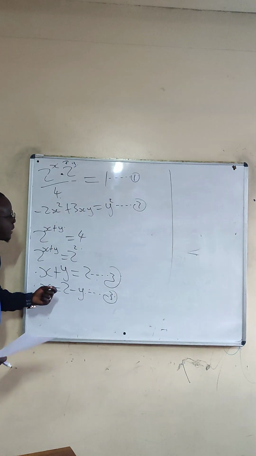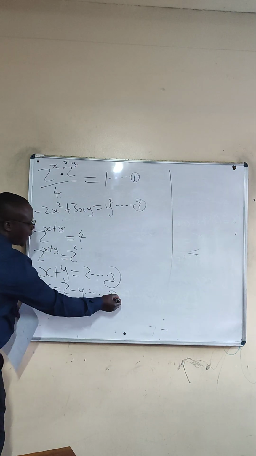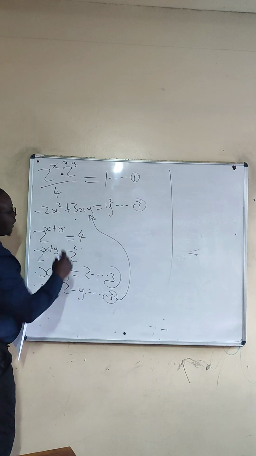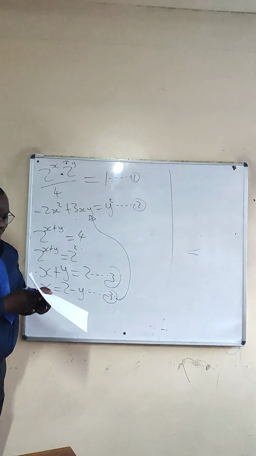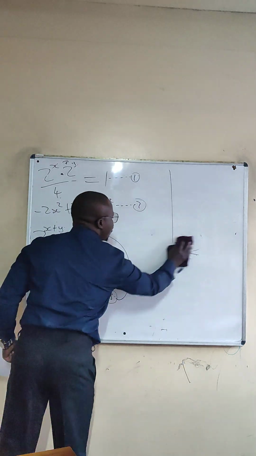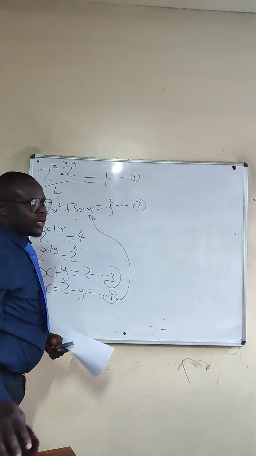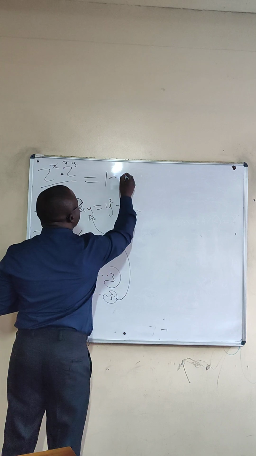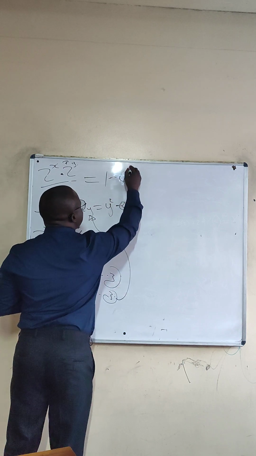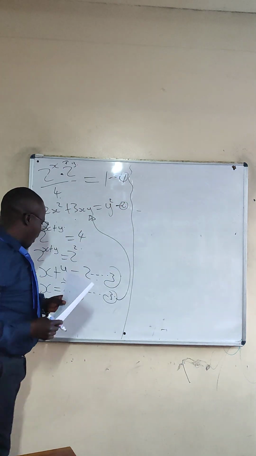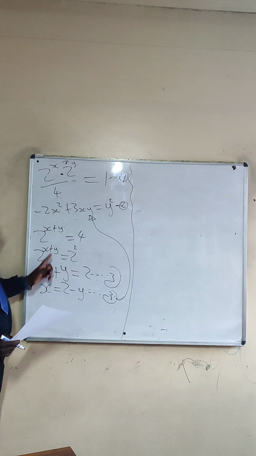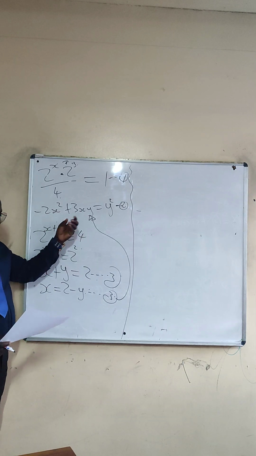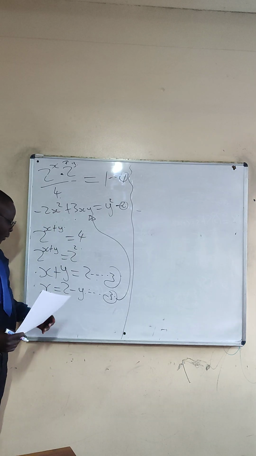So in terms of x, we're going to substitute this into equation 2. So let us substitute into the equation 2 in this way. We are going to have something that looks like this, whereby at every position of x in this equation, we have to substitute our equation 3.